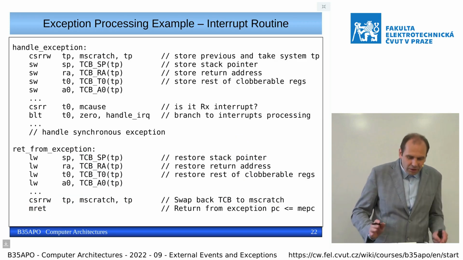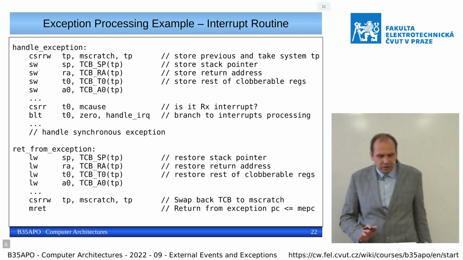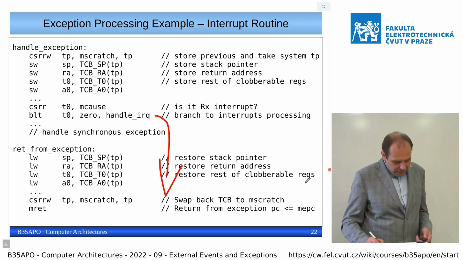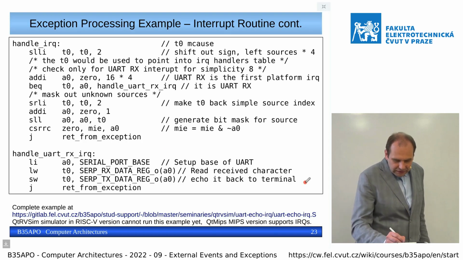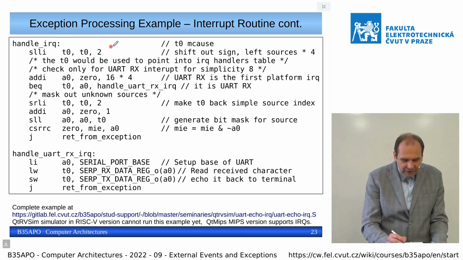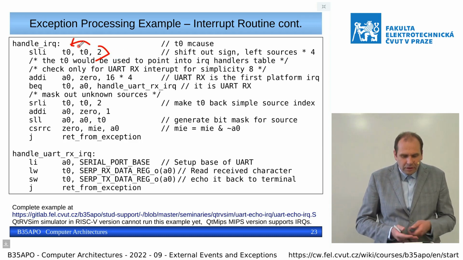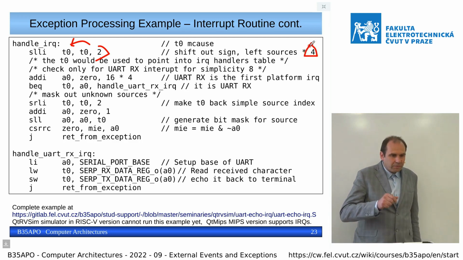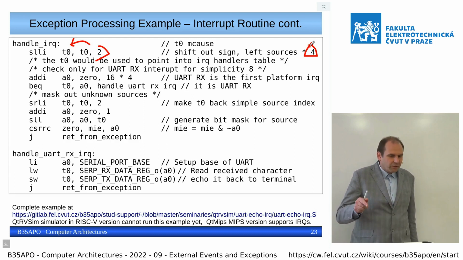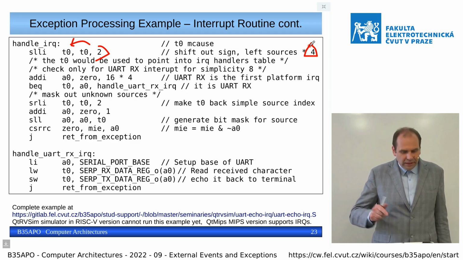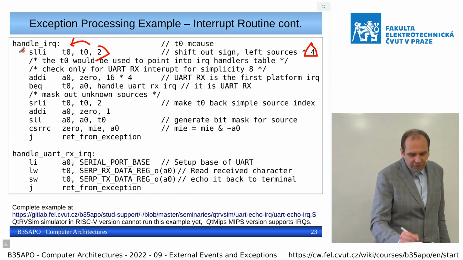Okay, so that was all the other sources of interrupts and the exceptions, but if we take care of the interrupts from the peripherals, then there is actual handling of the interrupts. I have decided to do it in such a way that I shifted the cause to the left, so it means that I multiply it by 4, and the most significant bit, that minus which informs that it was an interrupt, not an exception, is shifted out of the register.